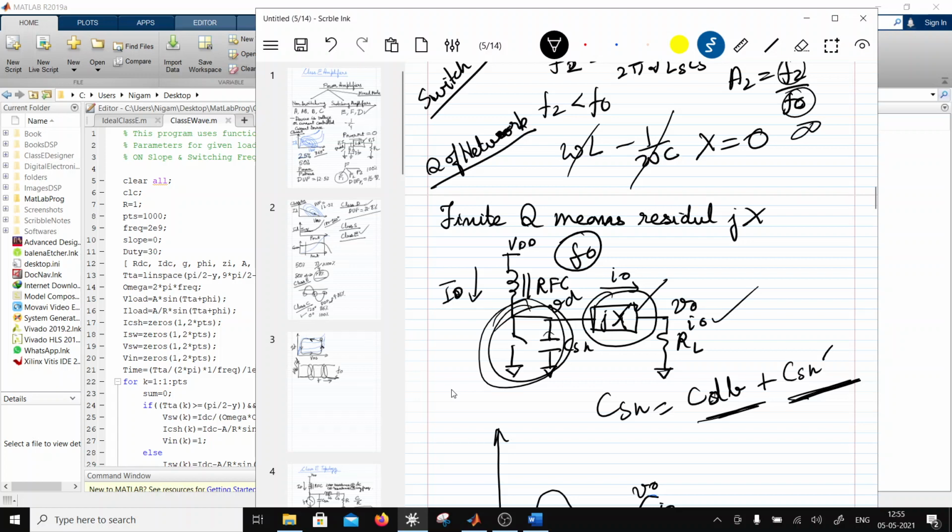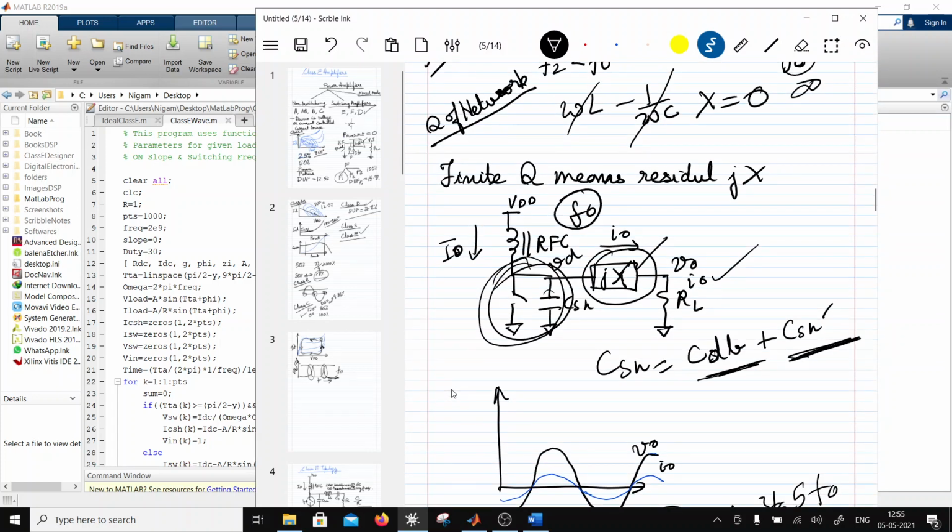Okay, so in that case, you have only a few options. The options you have is to change the duty cycle, right? Because frequency is your desired frequency for which you're going to design. Then the only options you have is change the duty cycle or change the slope, so as to get the value of CSH.